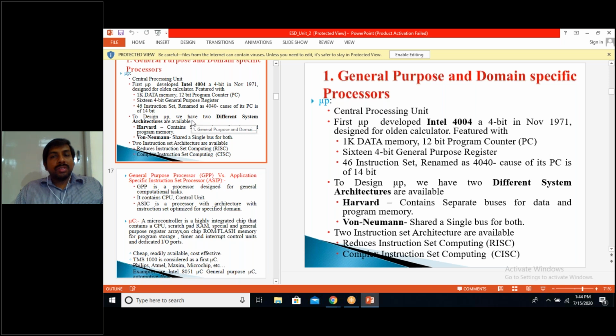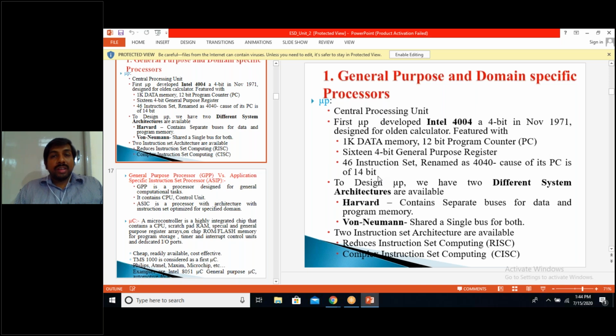The first microprocessor is Intel 4001, designed as an IC in 1971. It is having 1K data memory and 12-bit program memory, 16 4-bit general purpose registers, 46 instruction set. And from then the microprocessor era has begun, and we are having now P3, P4 processors with floating point 64-bit arithmetic logic. So like that, the embedded systems designed at an earlier stage are called first generation systems.